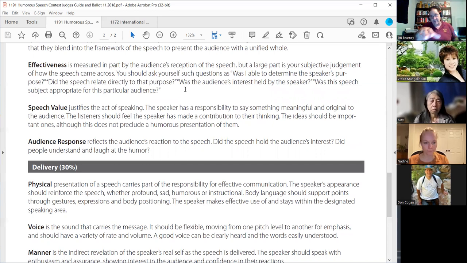And this is where some of those questions are coming in. So the judge asks himself, was I able to determine what the speaker's purpose was? Did the speech relate directly to that purpose? Was the audience interest held by the speaker, or did their minds start drifting away and things like that?